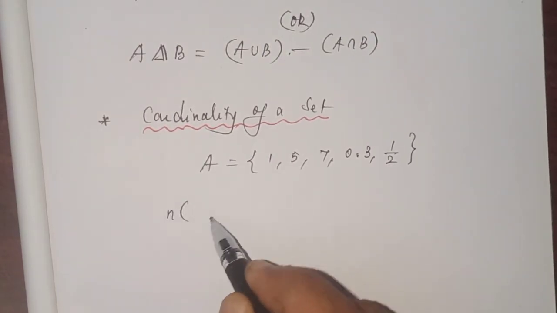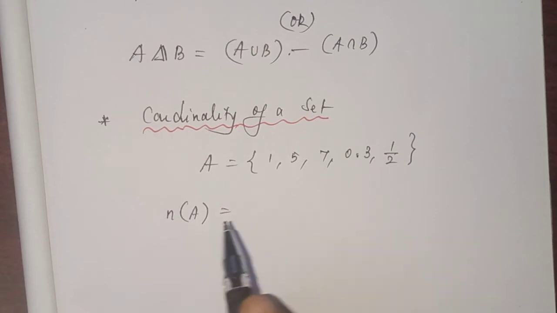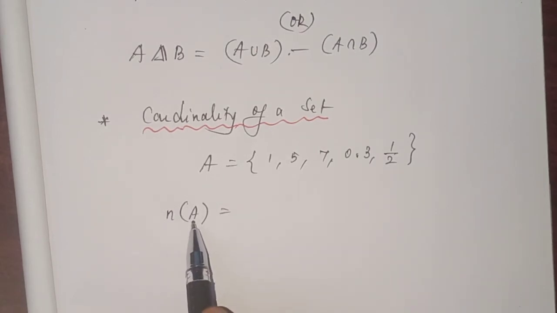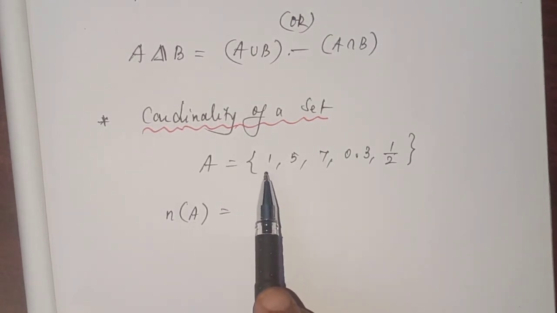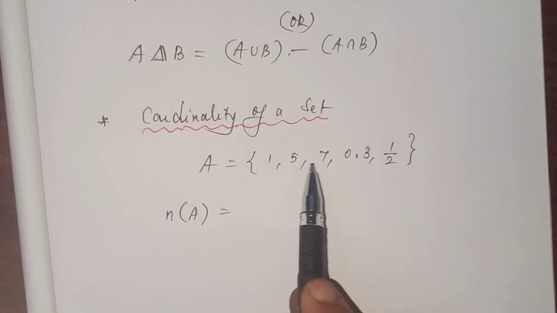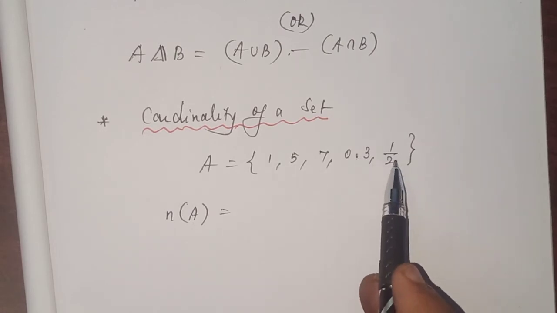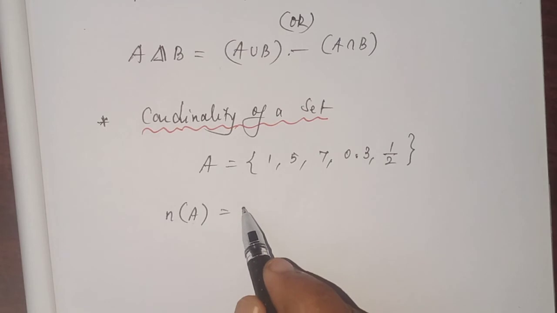Cardinality of A is represented by n of A, that is the number of elements in the set A. You just have to count: 1, 2, 3, 4 and 5. How many elements? 5 elements.